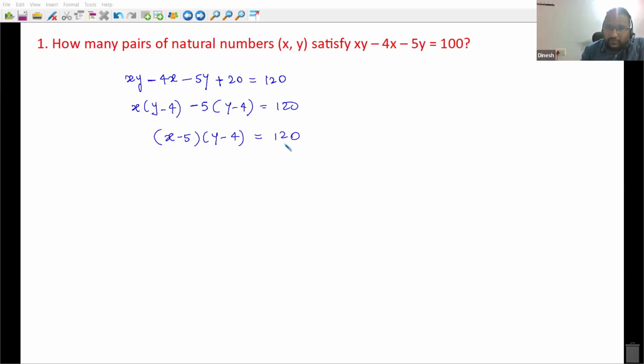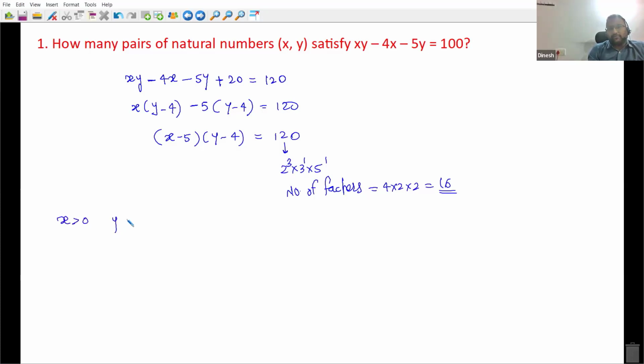120 is 2 to the power 3, 3 to the power 1, 5 to the power 1. Its number of factors is 4 into 2 into 2, that is equal to 16. Okay, everyone. The condition is x is positive. No, x0, y0 चलेगा. ठीक है. The condition is x is positive and y is positive, everyone.